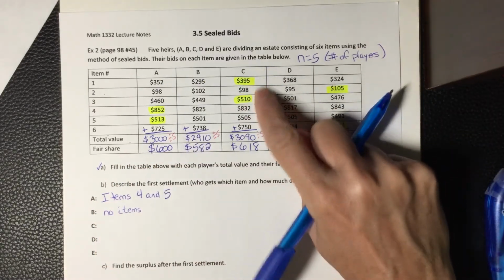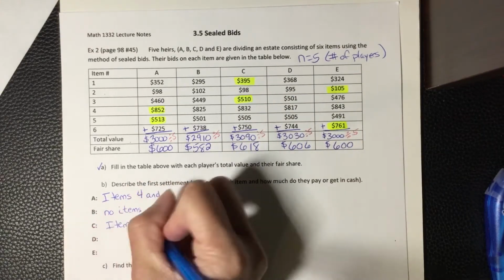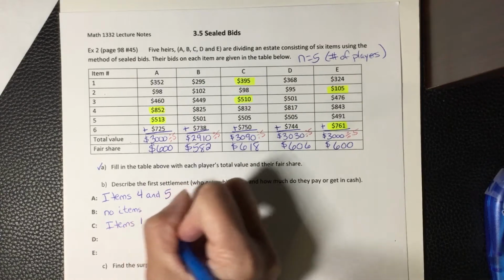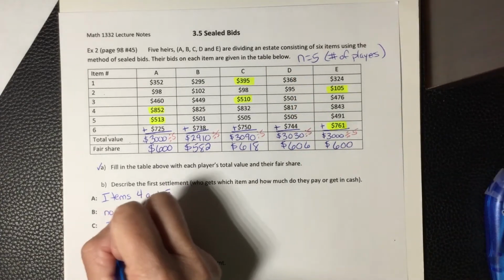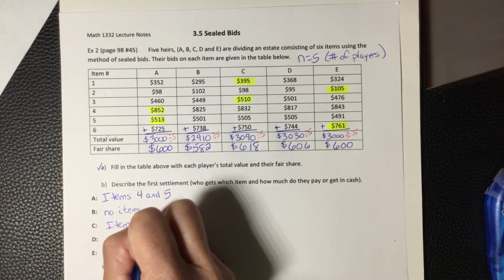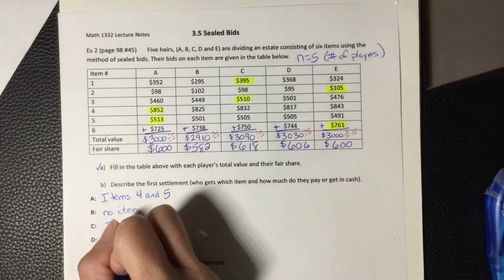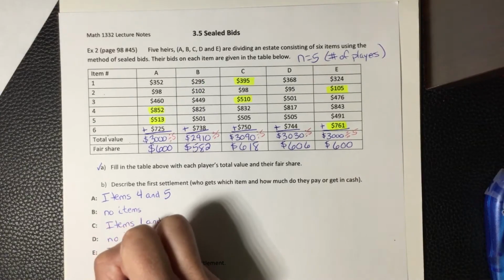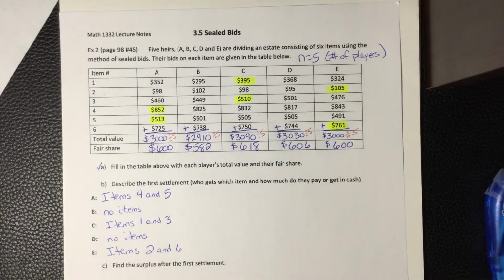Player C is going to get 1 and 3. So items 1 and 3. Player D is going to get no items. And player E is going to get 2 and 6. Okay, so it looks like we gave all the items away, so that looks right.